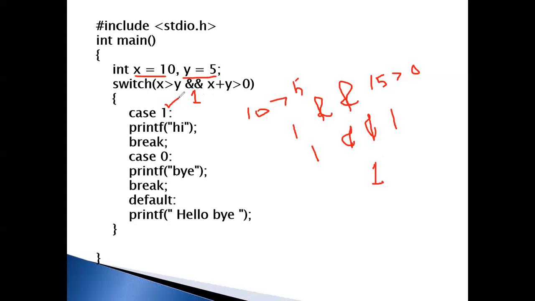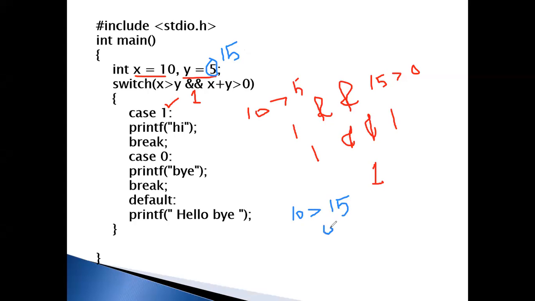If you enter a different value, say I make y equal to 15, with x equal to 10 and y equal to 15, the initial condition x greater than y is itself false.